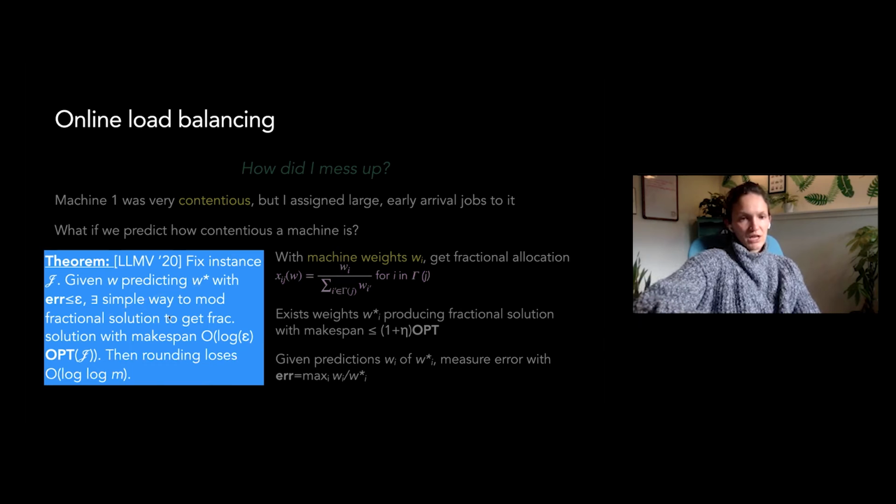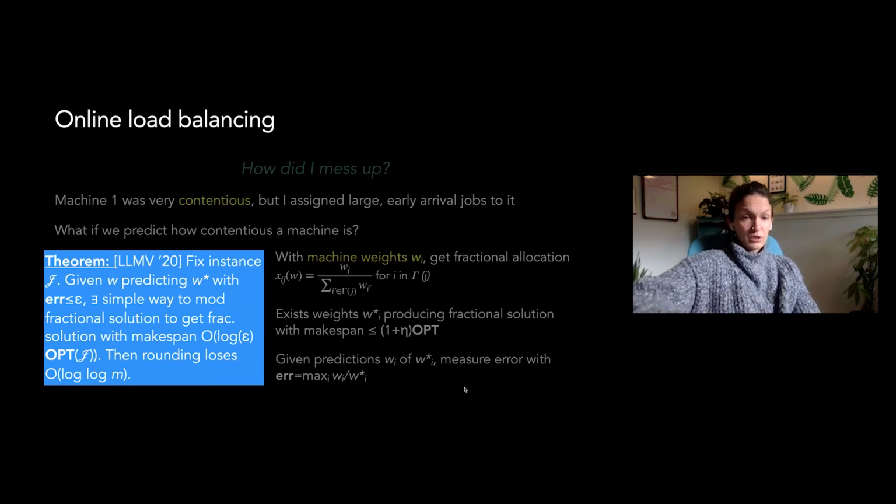This is a fractional assignment, and then you can round it to an integral one with only loss log m. So in total, let's recall that the best you could do for online load balancing before was a lower bound of log m, for m the number of machines.